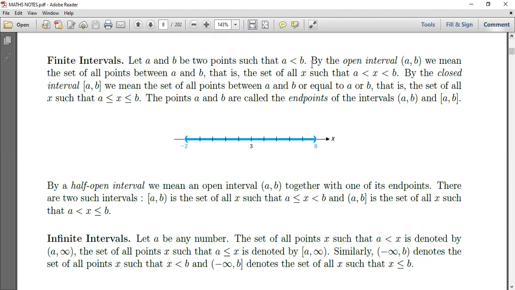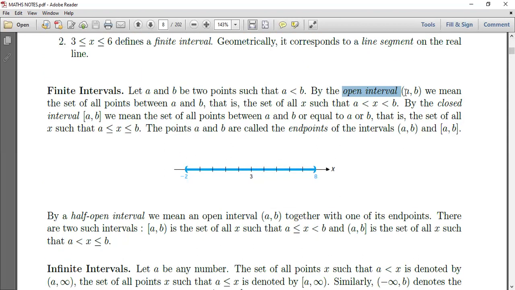An open interval is written like this: you put a bracket, A comma B, and close the bracket. In an open interval, we are looking for all points between A and B, but not including A and B.